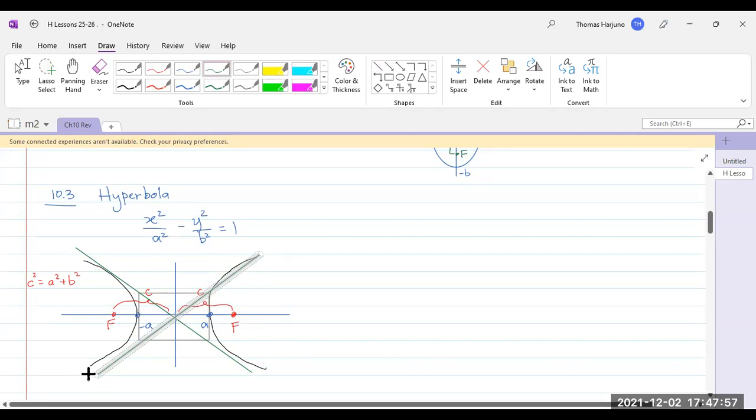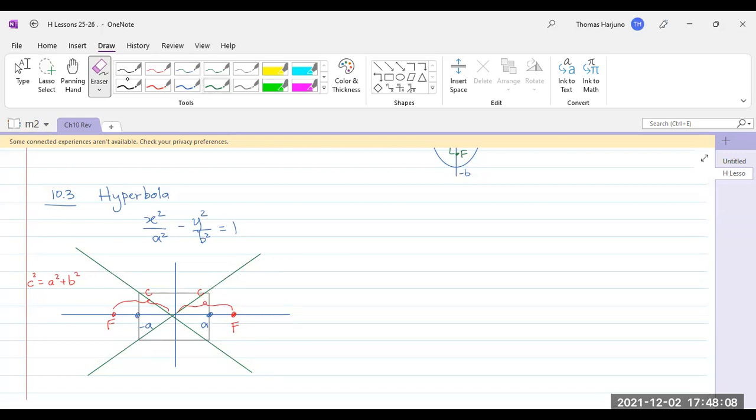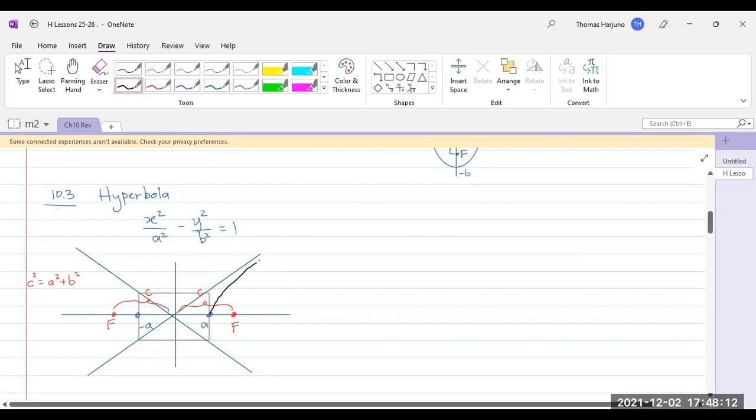I'm trying. Let me erase this first. This one also, and then I try to fit in the hyperbola. Remember that the hyperbola gets closer and closer, but not crossing, the asymptotes.